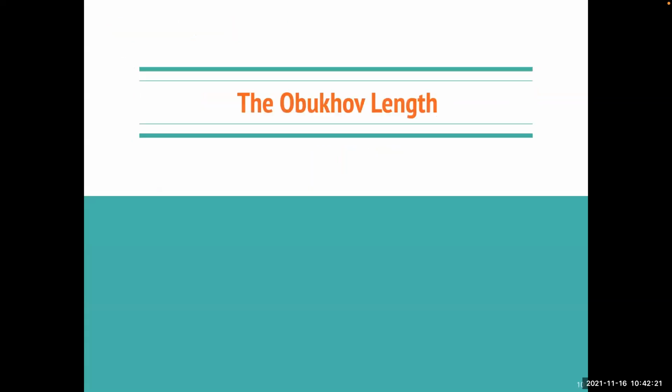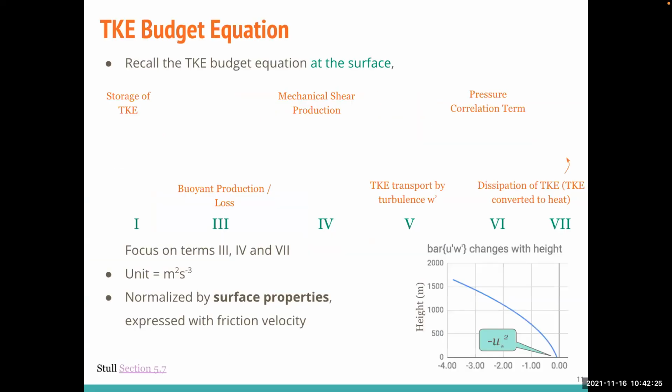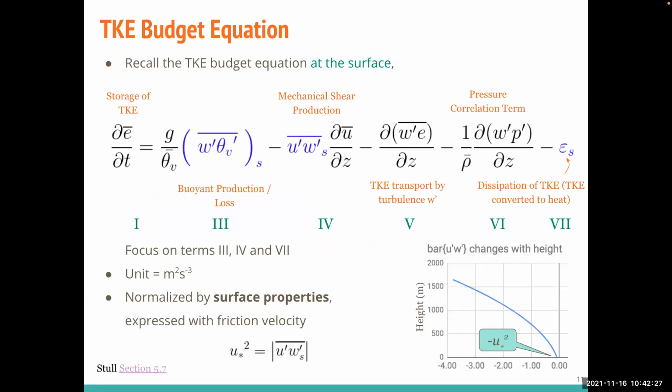Okay, so this is the main theme of this lecture, so the Obukhov length. So before we talk about Obukhov length, we need to go back to the TKE budget equation. So these are the different terms, the change of the TKE, and then the buoyant production and loss, and then the mechanical shear production, right?